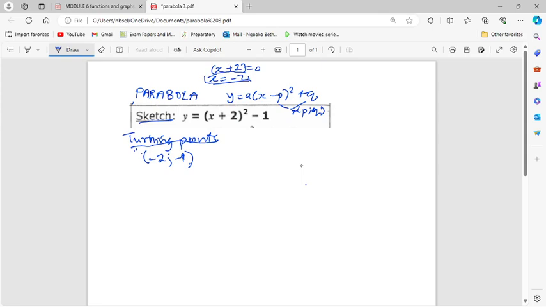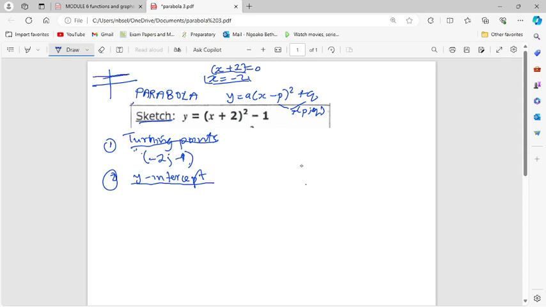Then now, after the turning point, what can we get? We started by finding the turning point. Now number 2, we can find the simplest one, which is the y-intercept. Remember, the y-intercept on the Cartesian plane is where the line cuts the y-axis.